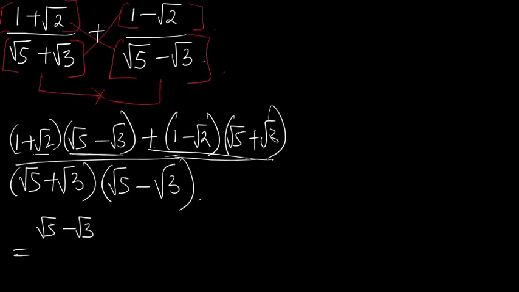So plus root 2 times root 5 will give us plus root 10. Now plus root 2 times minus root 3 will give us minus root 6. There is a plus sign here. Let me just open and close the bracket.